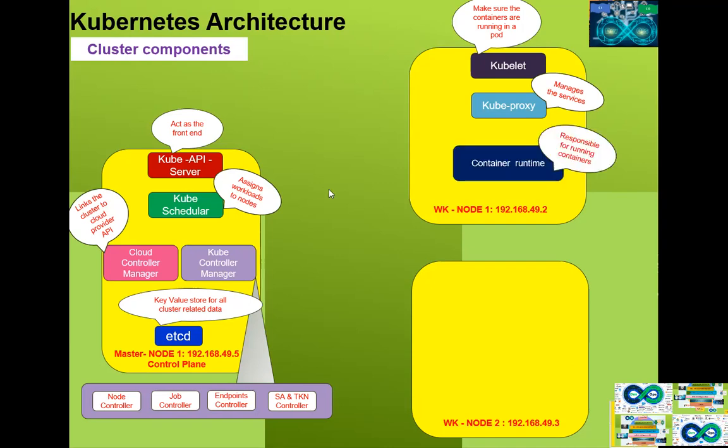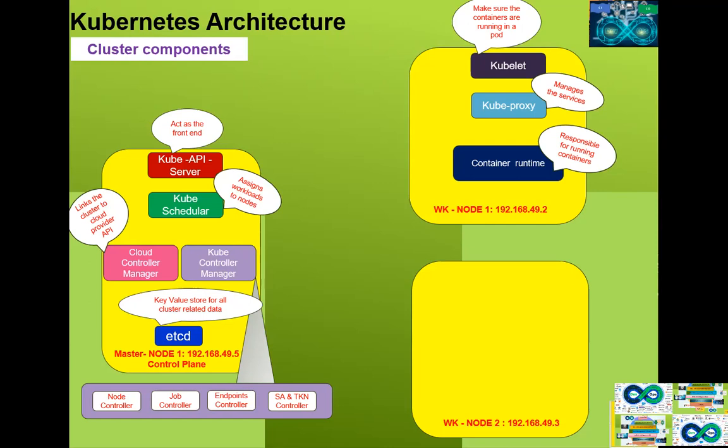Then we have the container runtime, responsible for running containers. You may remember we use Docker as a container runtime. When a pod is created, it needs to pull the images from wherever the container registry or container repository is. Then the image should be executed, and the container should be up and running.